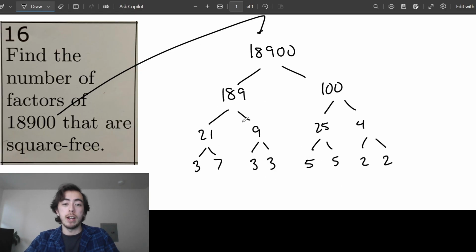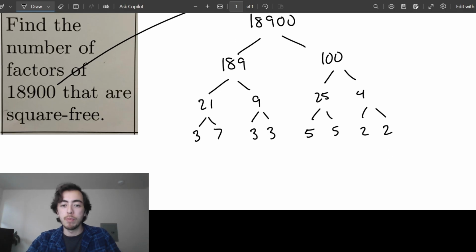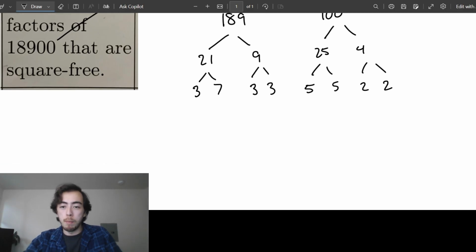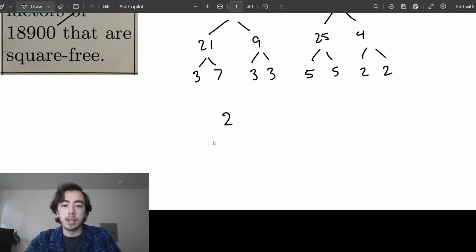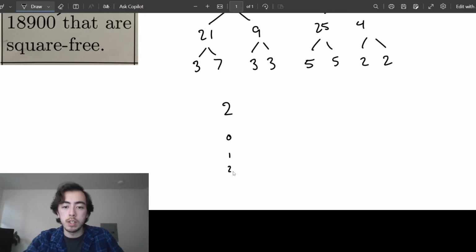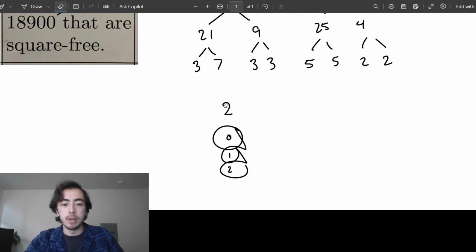To build factors of 18,900, all I need to do is pick some amount of 2's. It looks like I have up to 2 that I'm able to choose, so I'll put a 0, 1, or 2 beneath it, just to show that when building a factor of 18,900, I could pick no 2's, 1, 2, or all of my 2's.